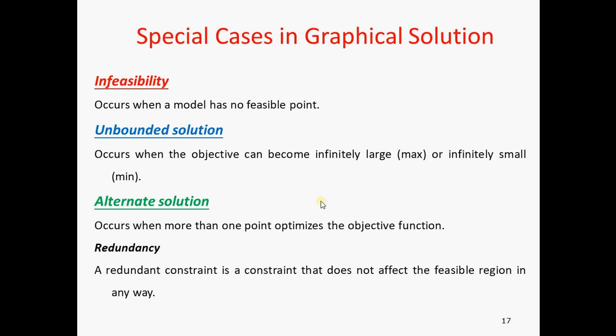Assume that in module 1, in a particular examination you got 2 questions, with internal choice. Question number 1 is 20 marks, question number 2 is 20 marks. You are very confident that you will get 20 marks by attempting either question number 1 or question number 2.